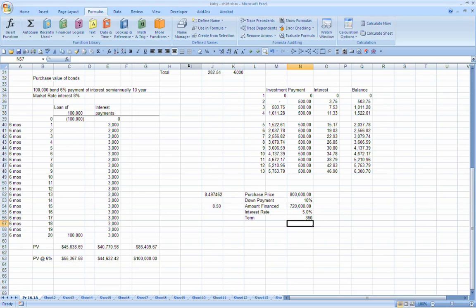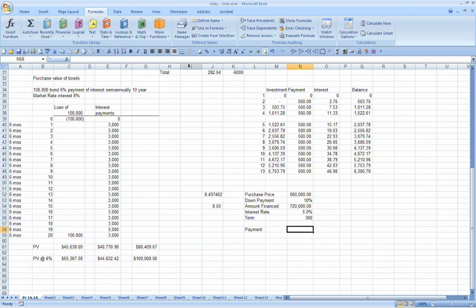Okay, so here's a real world kind of hypothetical. And I hope all of you have to go through this at some point in time. If not, maybe your friend is going to come to you and ask you, hey, I'm going to do this and here's what's going on. Can you help me figure out what my payment's going to be? Well, we can just revert to Excel and ask it, what's my payment going to be?